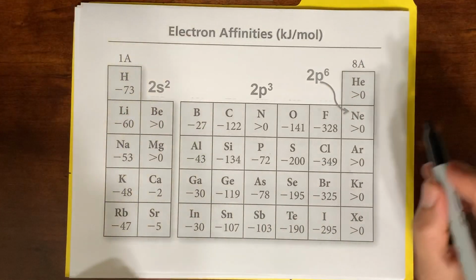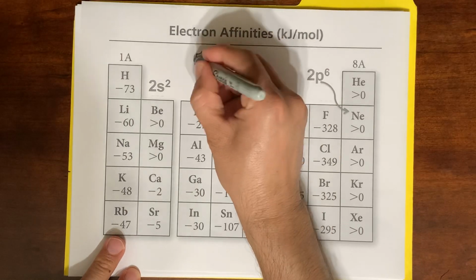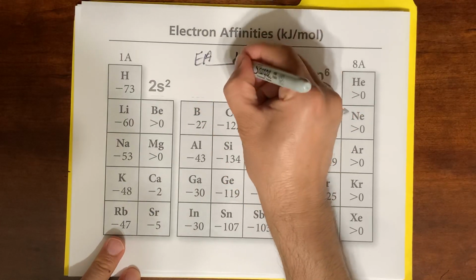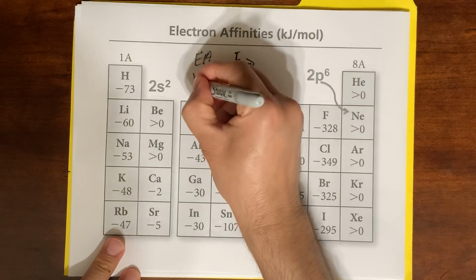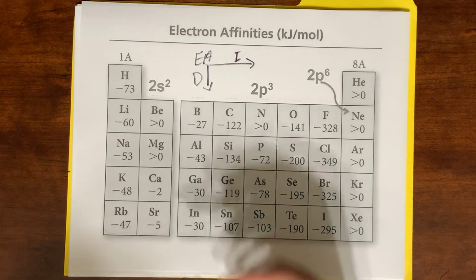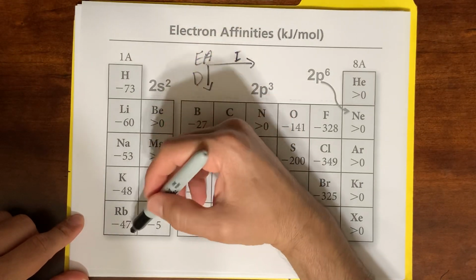So to the right side, electron affinity increases, down decreases. And check this one: 73, 60, 53, 48, 47.